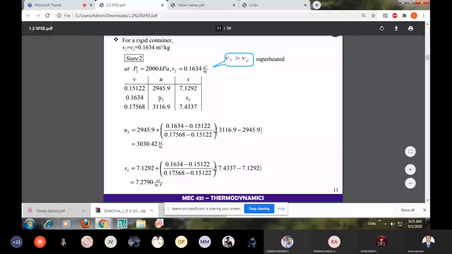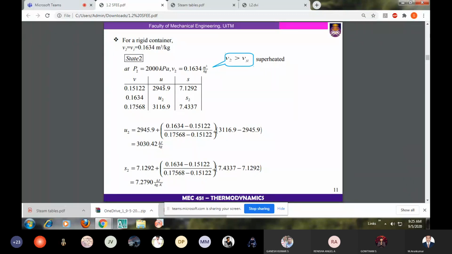Just if you want to find this value, we can use this formula. That is, U2 will be this value, 2945.9, plus the difference between these two values, that is 0.1634 minus 0.15122, divided by the difference between 0.17568 and 0.15122, into the difference between the first and third, that is 3116.9 minus 2945.9.